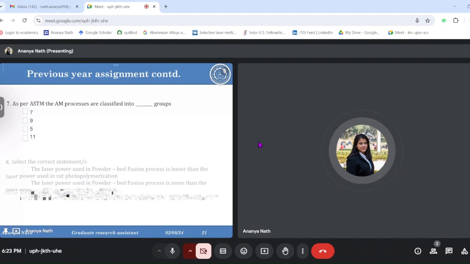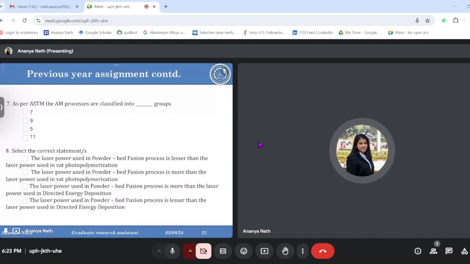Next question is, as per ASTM, the AM processes are classified into 7 groups. Select the correct statement. The correct one is, laser power used in powder bed fusion is lesser than the power used in directed energy deposition, because directed energy deposition, or DED, is the additive manufacturing process which uses the highest power of the heat source.